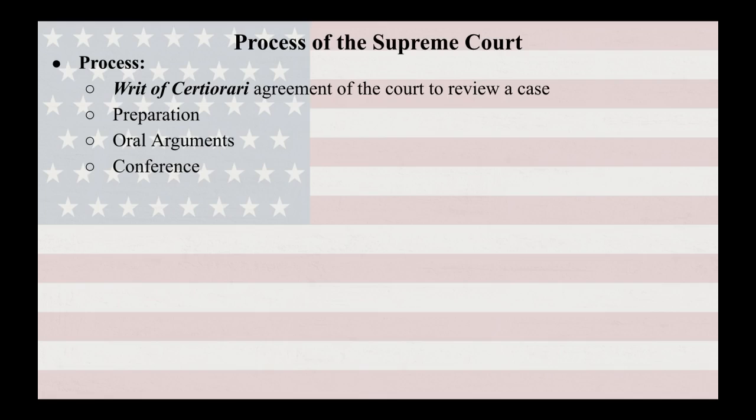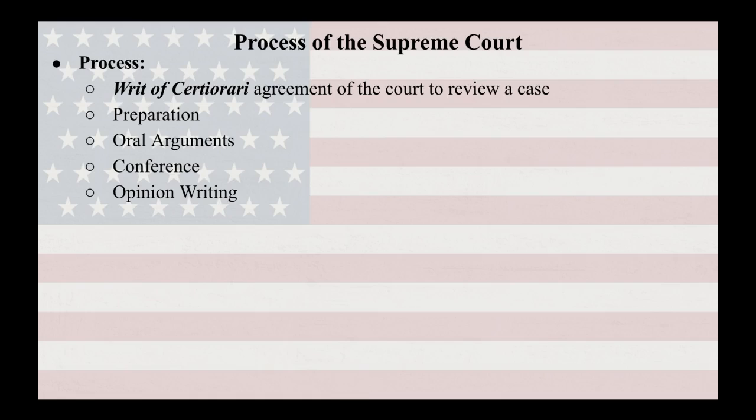This is when they're going to hash it out. They're going to talk about it, and they're going to be able to talk freely within their conference because there are no television cameras or recording devices or outsiders. It's just the 9 individuals in that court. They've read the briefs, they've listened to the oral arguments, and now they have to come to a decision.